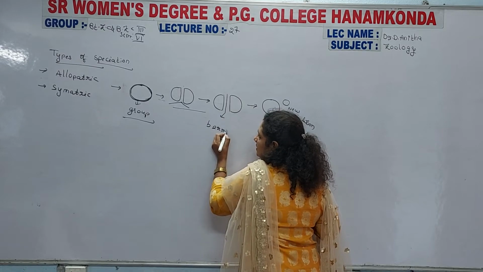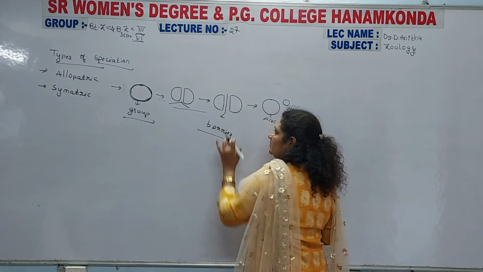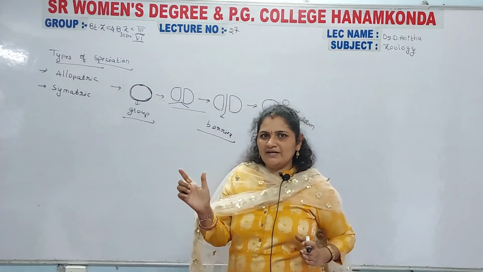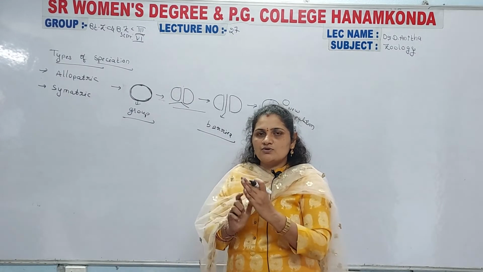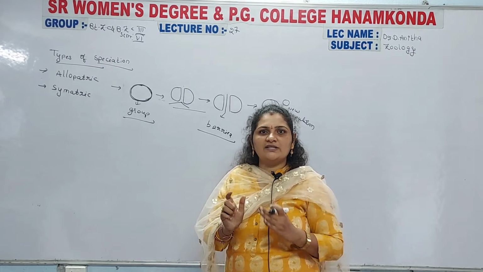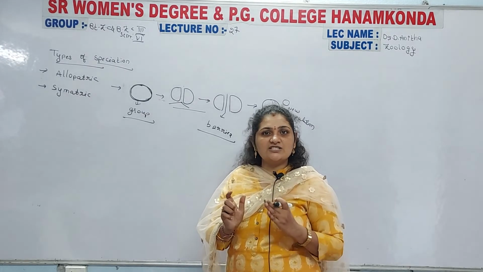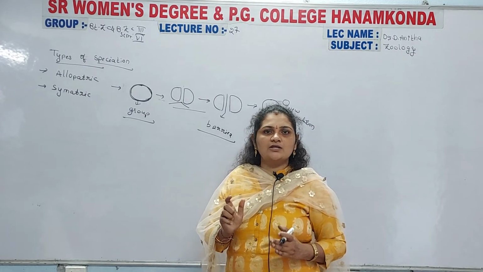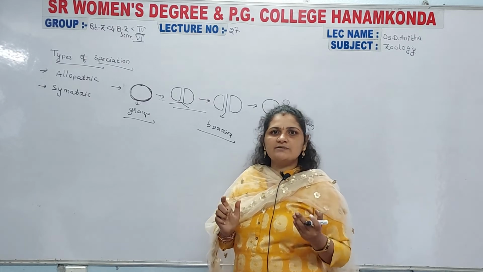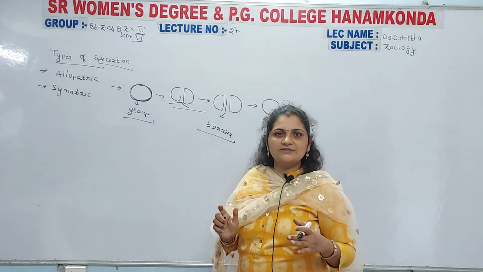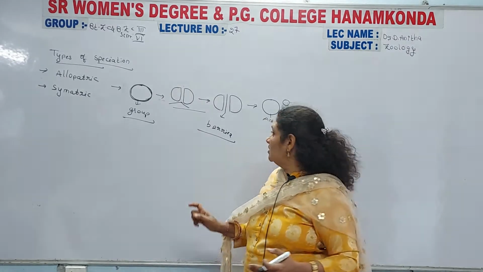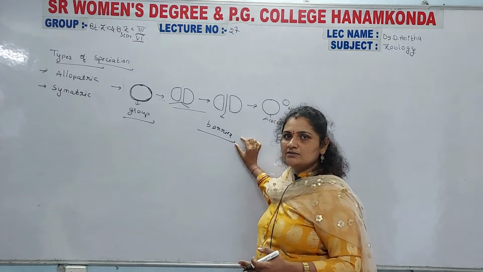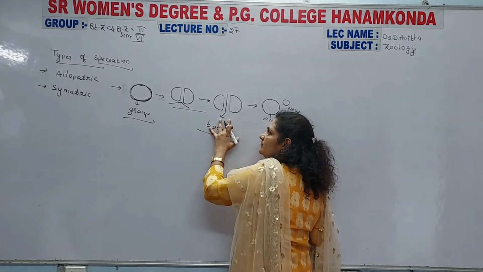A barrier means a complete separation between the two different areas. The areas are completely separated from each other by this barrier, so the organisms cannot cross the barrier to enter the other area.